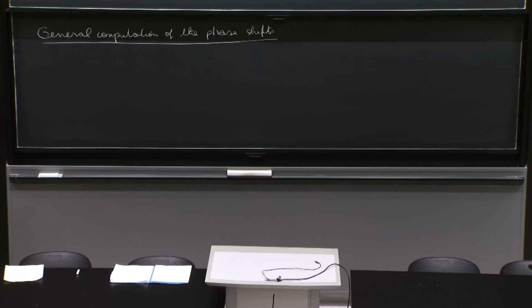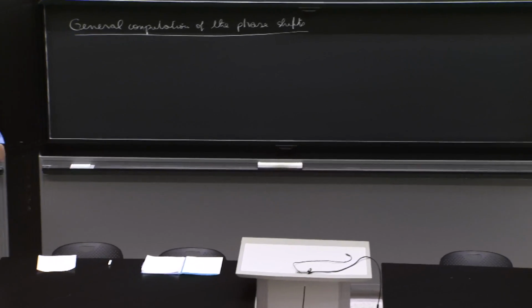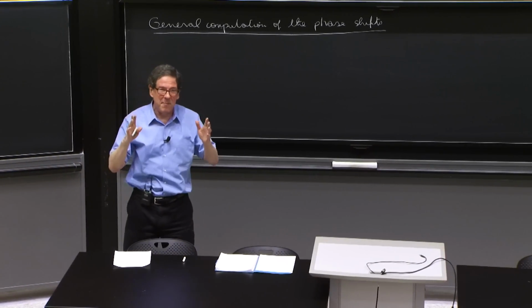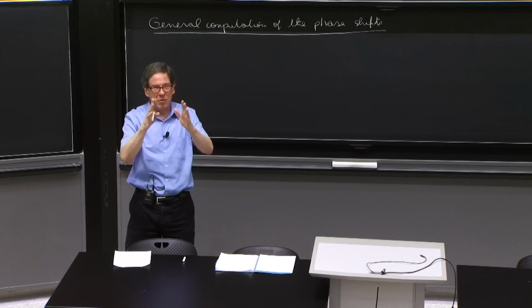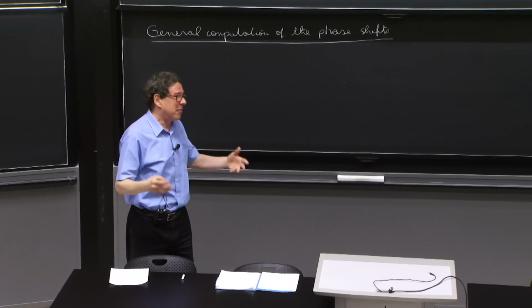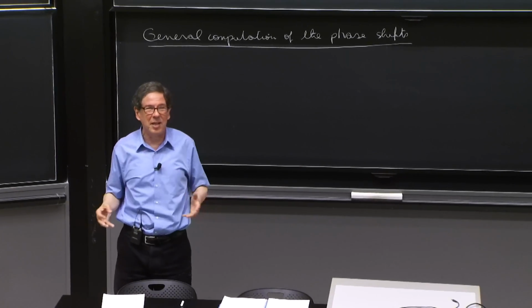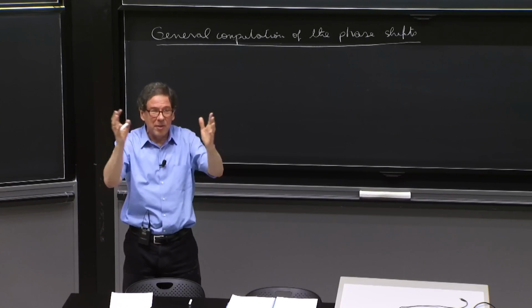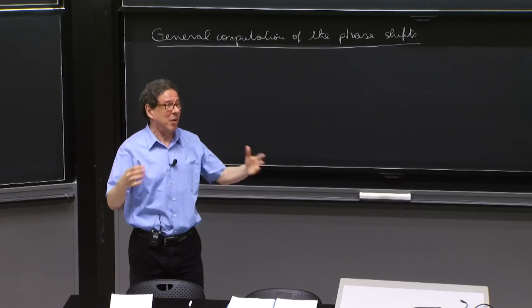I think you all know, and there's a clear intuition, that if you want to figure out the phase shift, at some point you have to look at this region r less than a where the potential is. Because after all, the phase shift depends on the potential. So that's unavoidable. You have to get dirty with that potential and solve it.